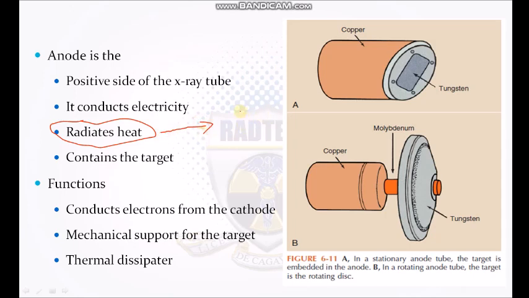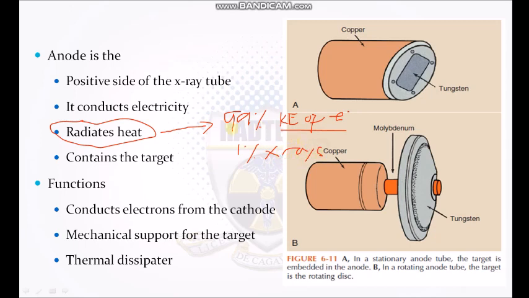X-ray production, 99% of the kinetic energy of the electrons, because the electrons are traveling from the cathode towards the anode, 99% of the kinetic energy of the electrons will be converted into heat, and only 1% of the kinetic energy of electrons will be converted into X-rays.